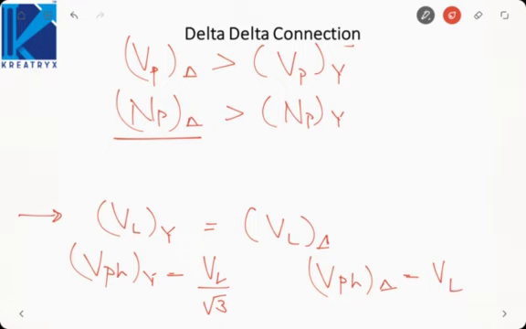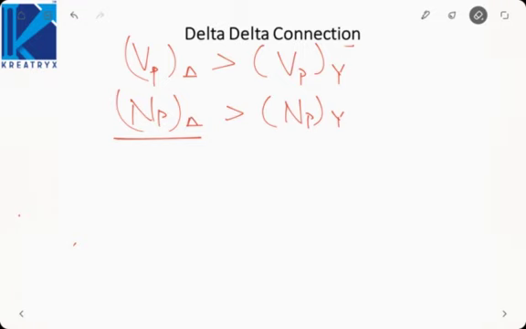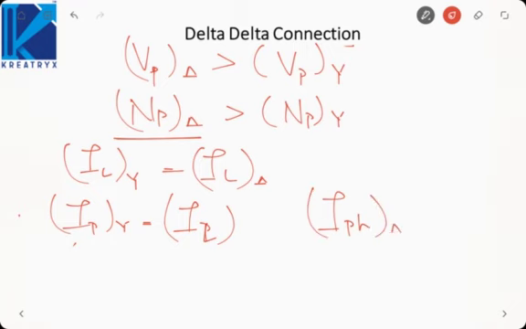Okay. Let us talk about currents. If we keep line current same, let us say IL star is equal to IL delta. Now I phase star we know will be the same as line current in star, and I phase delta will be equal to IL by root 3, that is 0.577 IL.